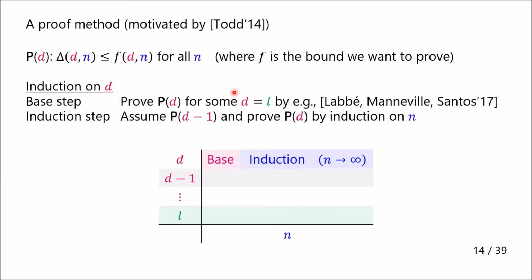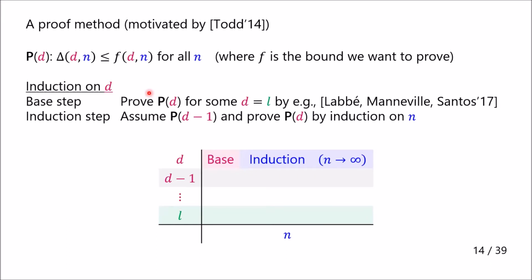Okay. Now I will explain a proof method. I remark that this is motivated by the analysis by Todd in 2014, who first improved the Kalai-Kleitman bound. As I mentioned before, the proof is by induction.